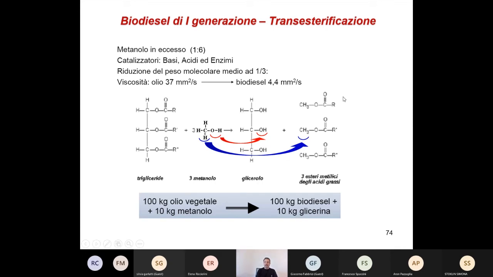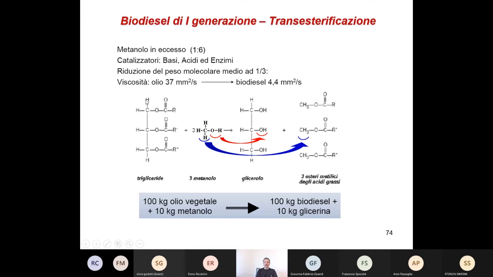Usually vegetable oil is shown like a triglyceride, which is the correct way to name it in English. So this is vegetable oil that reacts with methanol.